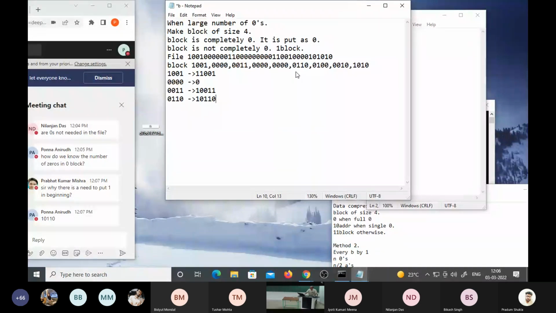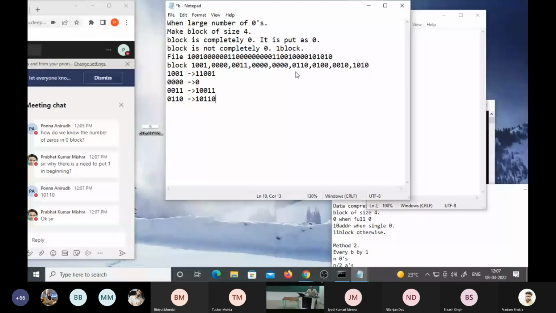Because you see, if the first bit of the block is 0, we cannot know whether this 0 is for the complete block being 0 or only one bit 0. Is this correct to you? Yes. So you see how this changes. This will become 1 1 0 0 1.